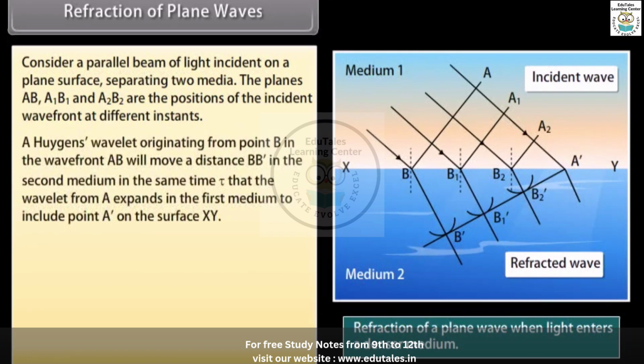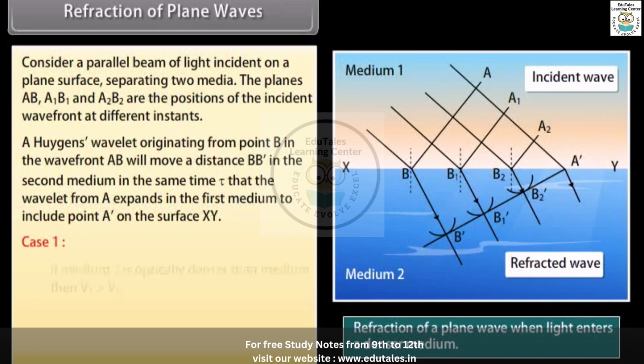A Huygens wavelet originating from point B in the wavefront AB will move a distance BB' in the second medium in the same time that the wavelet from A expands in the first medium to include point A' on the surface XY. Since the two wavelets have radii AA' and BB' are not in the same medium, they move with different speeds, say V1 and V2 respectively.